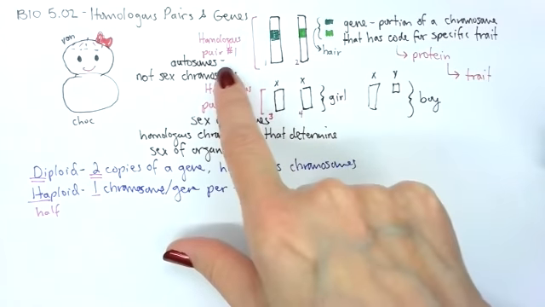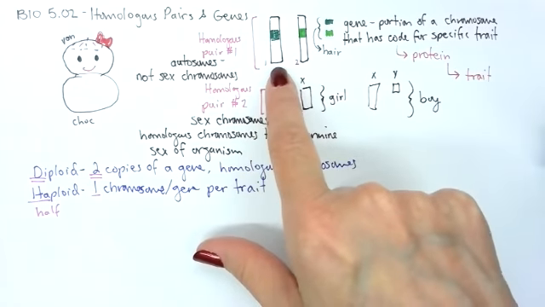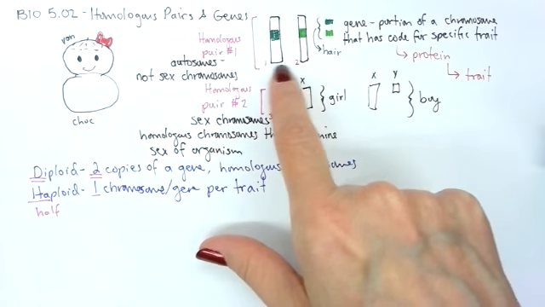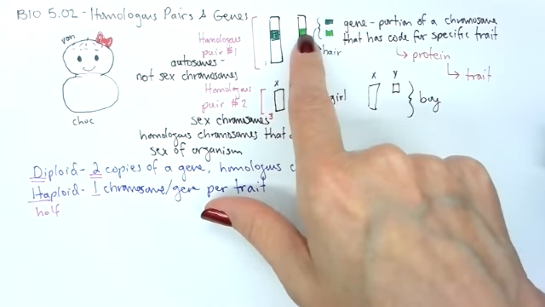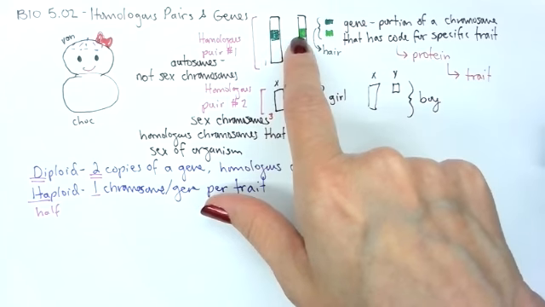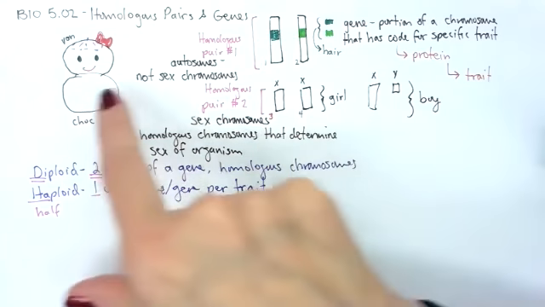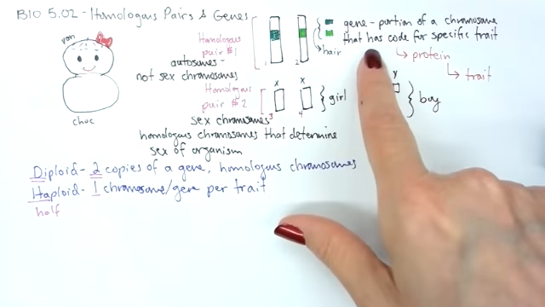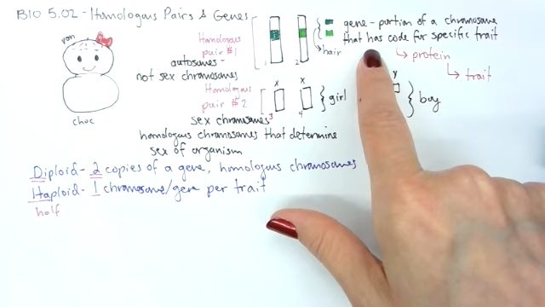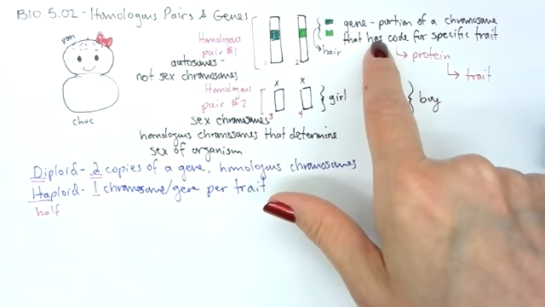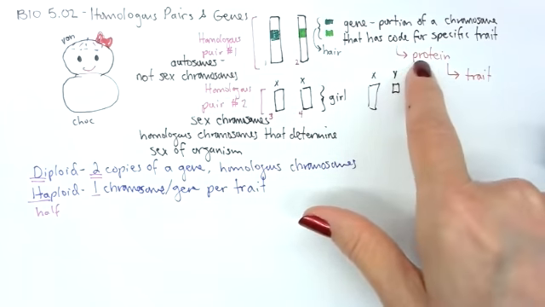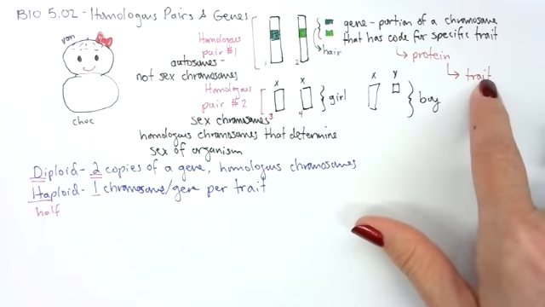So, for example, with this homologous pair, where I have chromosome one and chromosome two, these are similar but not identical. They have at the same location a gene for a hair type on our snowmen. And a gene is a portion of chromosome that has a code for a specific trait. That DNA has the code for a protein, and the protein gives rise to a trait.